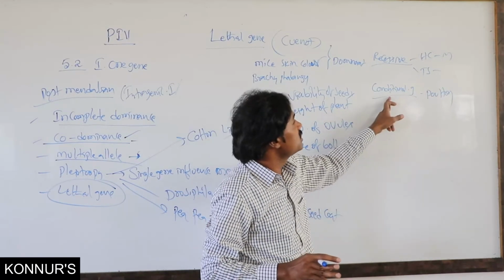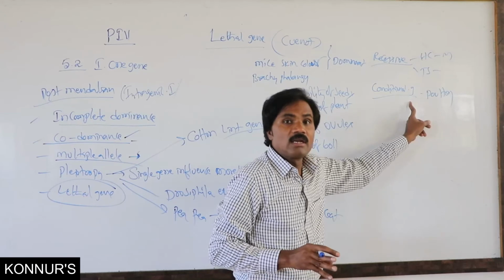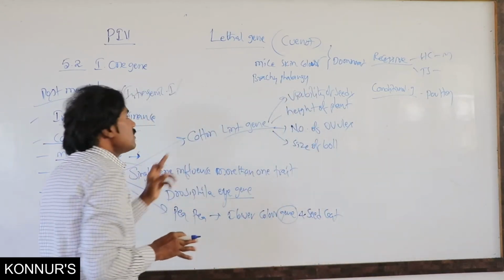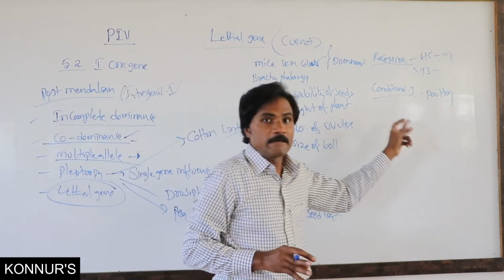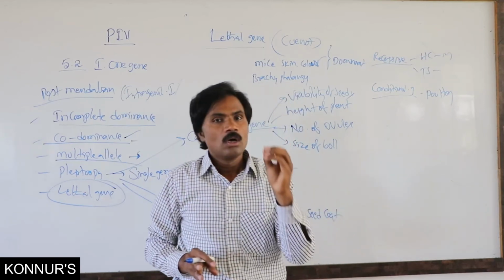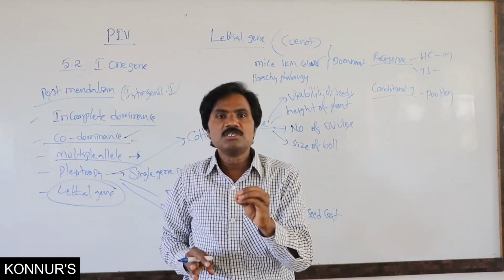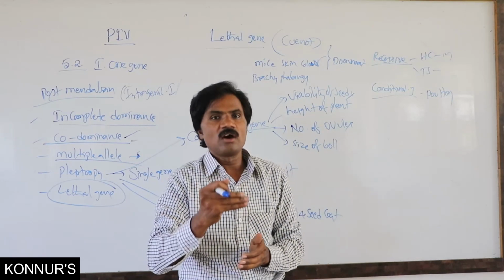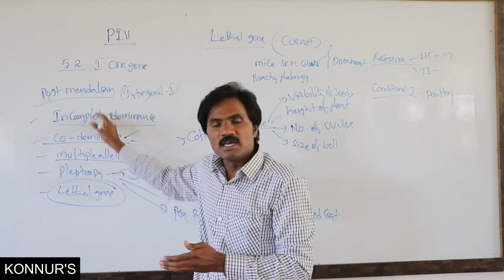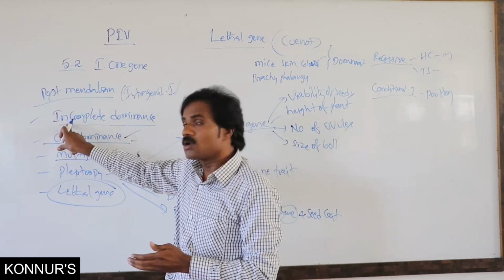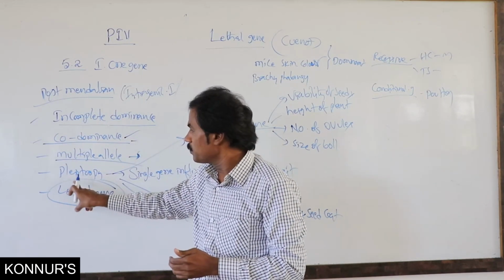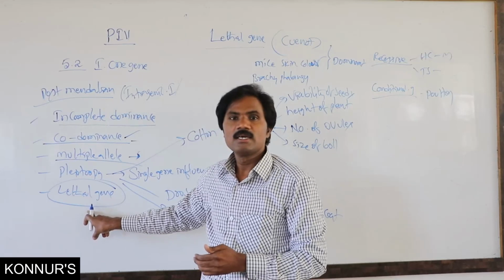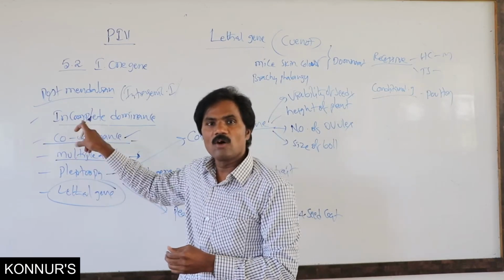That is also conditional, related to lethal genes. Okay, that is inheritance of a single gene according to Mendel, as well as deviations of the law of dominance: incomplete dominance, codominance, multiple alleles, pleiotropy, lethal genes. All are deviations of the law of dominance.